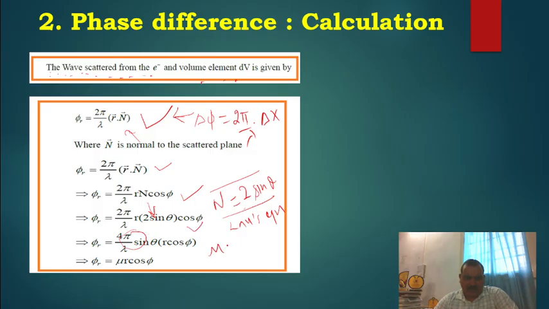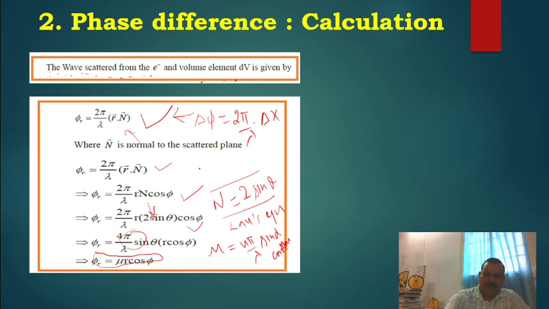I consider mu equal to 4 pi by lambda sin theta, which is a constant. So we are able to find the phase difference between the incident and scattered X-ray beams.